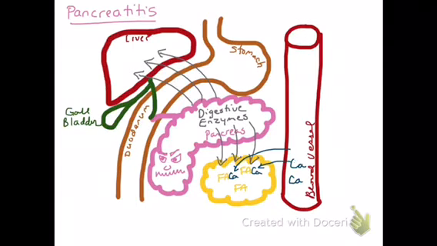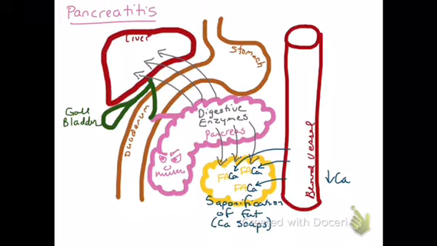So calcium binds the fatty acids, and then the calcium concentration lowers in the blood vessel. So pancreatitis is a cause of hypocalcemia. When we see this calcium binding to fats within the abdominal cavity, we call this saponification of fat, which is also known as calcium soaps.